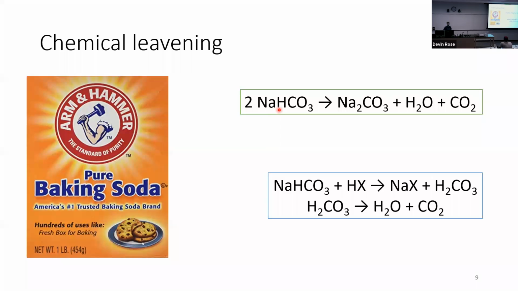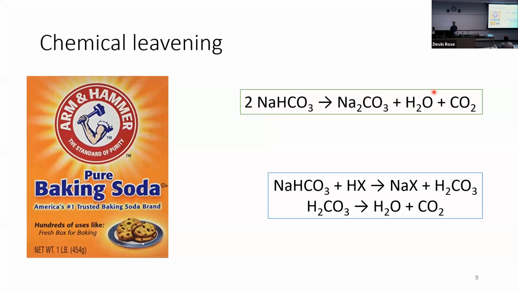And in the presence of heat, so if we heat up sodium bicarbonate to above 80 degrees Celsius, it will spontaneously decompose to sodium carbonate, without that extra H there. So sodium carbonate, water, and carbon dioxide.